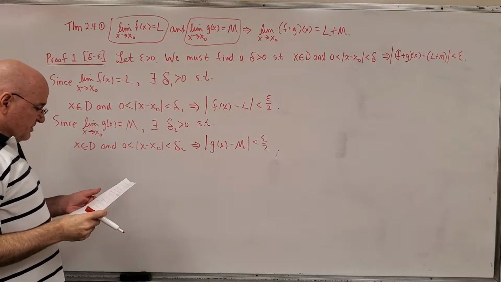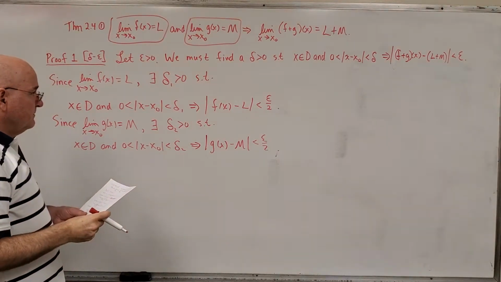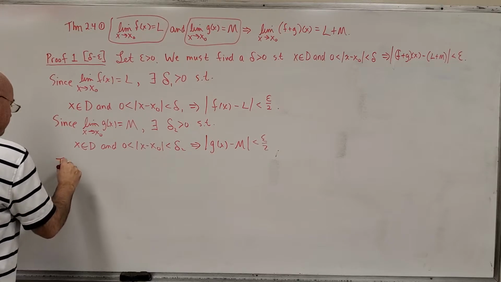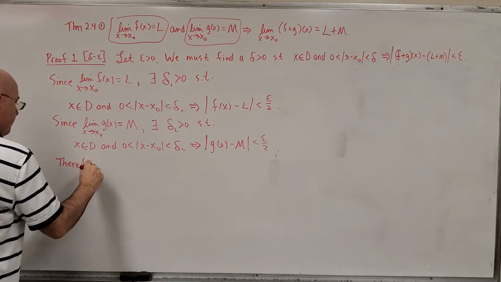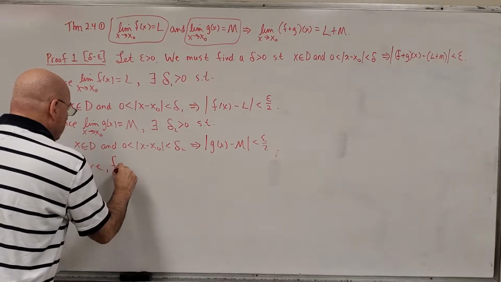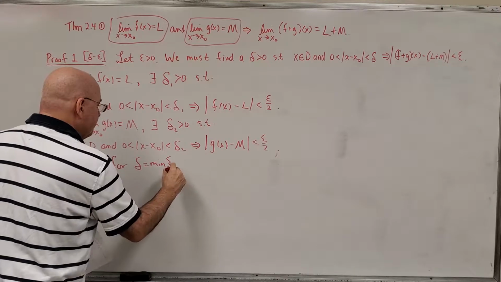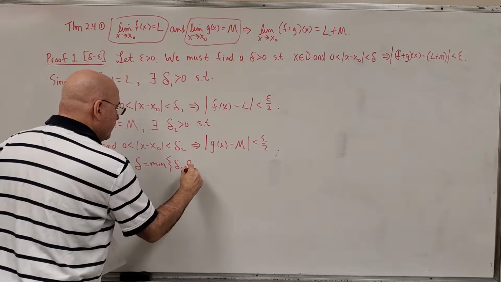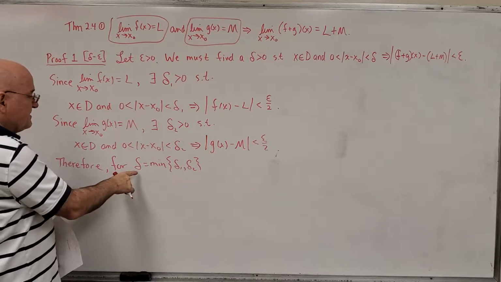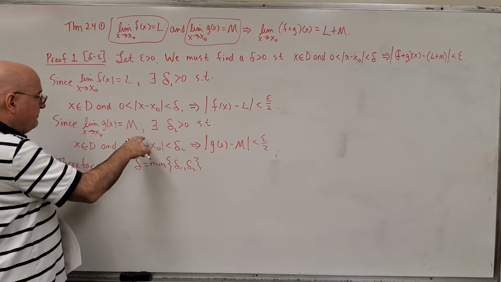So essentially, to conclude this, I just need one more sentence with a little bit of algebra. Therefore, for delta equaling the smaller of the two, the minimum of delta 1 and delta 2, that will mean that if x is within delta of x naught, then both of these are true.